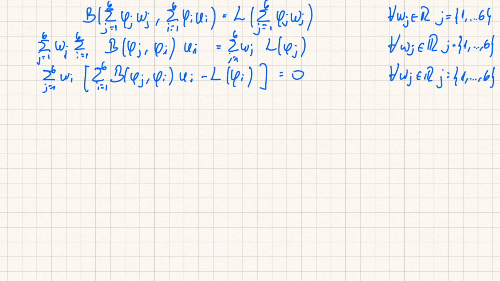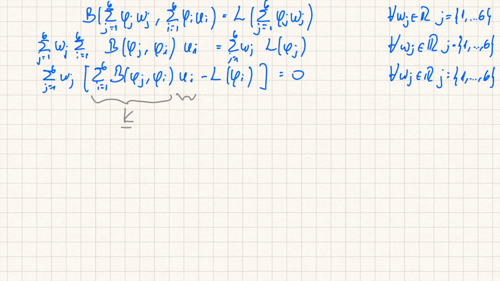You could argue, say, well, then this whole thing has to be equal to 0 for this whole expression to be equal to 0, because the wj's here could be anything. And I messed up this thing again. It's j. Right? So this term here is going to lead to what we are going to have as our stiffness matrix.